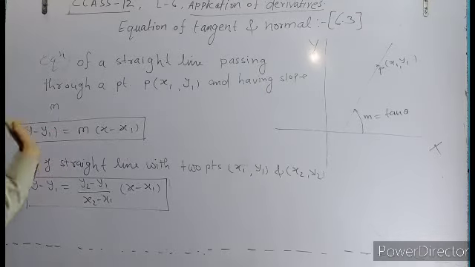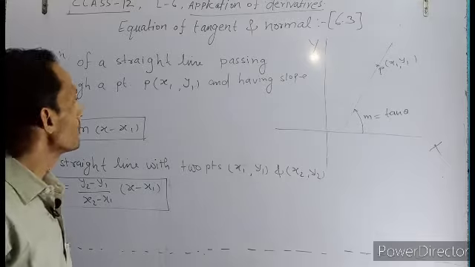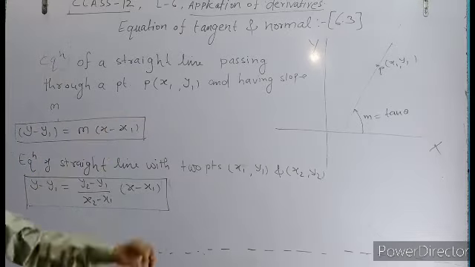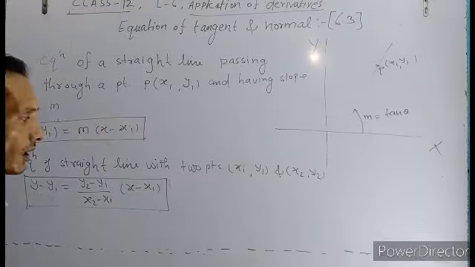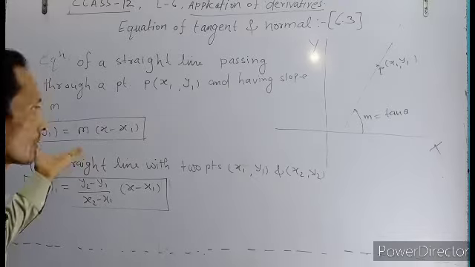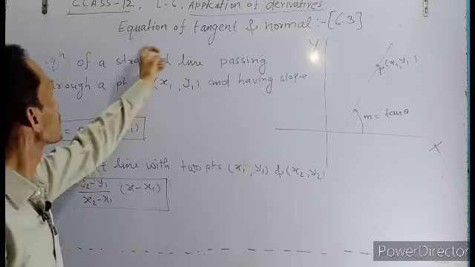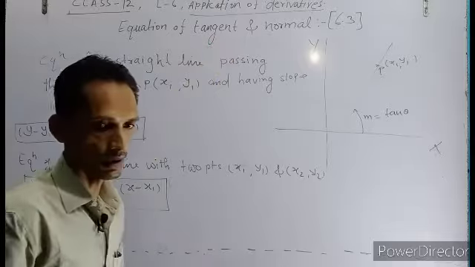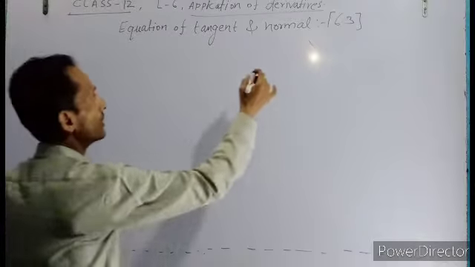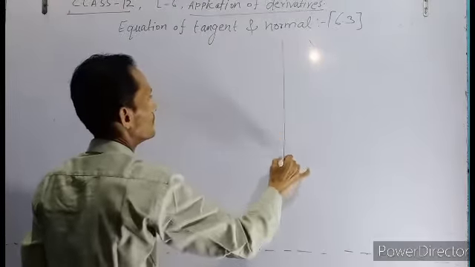Okay. Now how can we find the slope of the tangent? What is the tangent? How can we use this type of equation of a line for finding the equation of tangent and normal? This is the given curve.